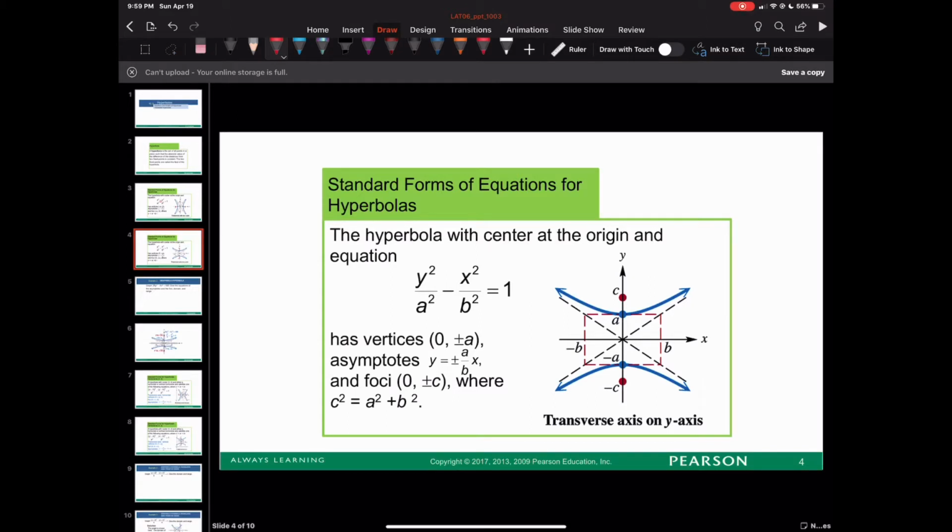Now, the vertices will be 0, plus or minus a. The asymptote would be plus or minus a over b, x. The foci points would be 0, plus or minus c, where c squared is equal to a squared plus b squared. And then the transverse axis is the y-axis. Now, basically, the transverse axis is where you have your vertices and your foci points.